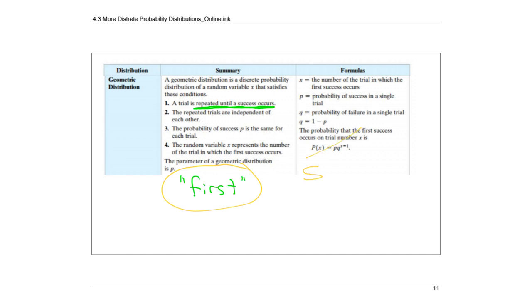And so we're going to use StatCrunch again. We're going to use stat calculators, geometric number of trials. We're going to put in P, and then we're going to put in the probability of X equal to or X less than whatever the problem asks us for.